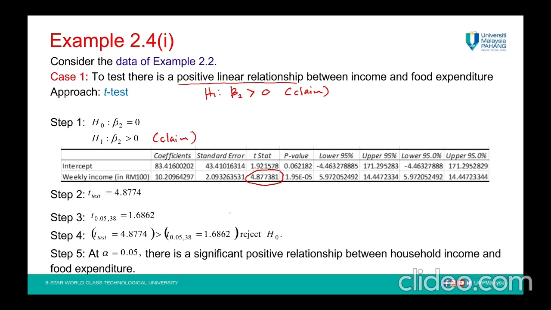From this table, we can get the t-test equal to 4.8774 at 4 decimal places. So that completes step 2. Now we go to step 3.